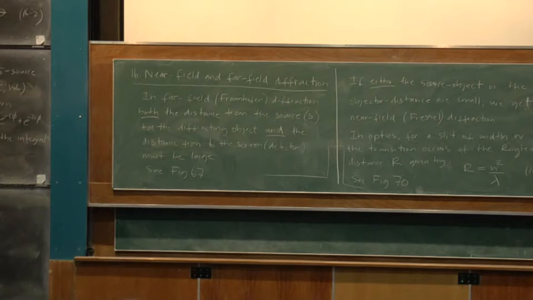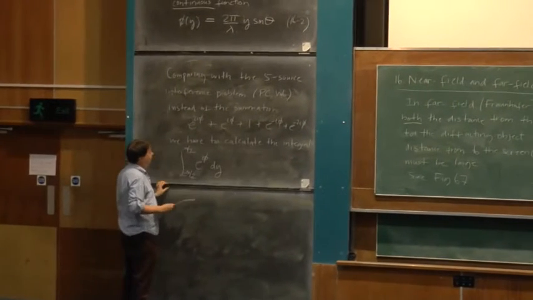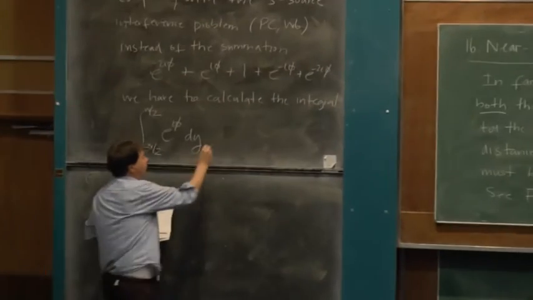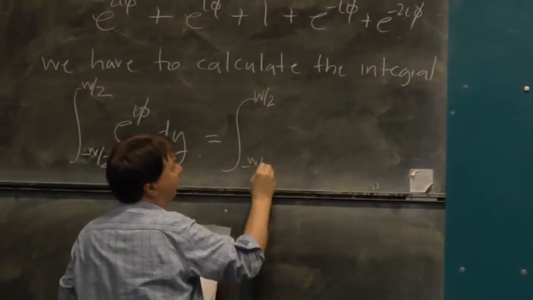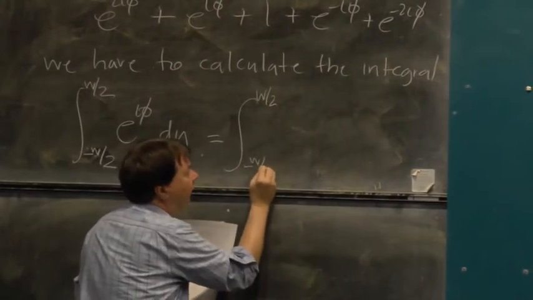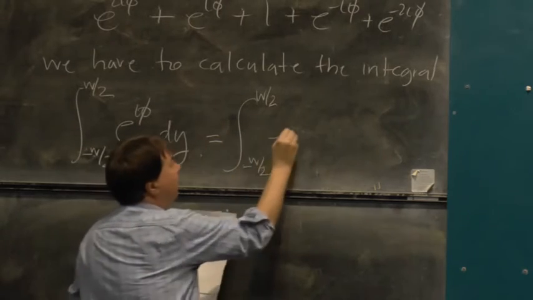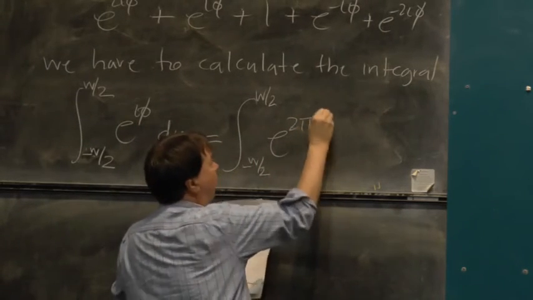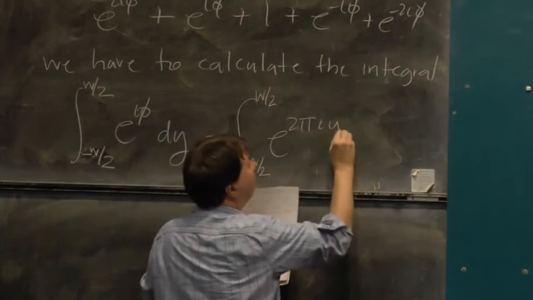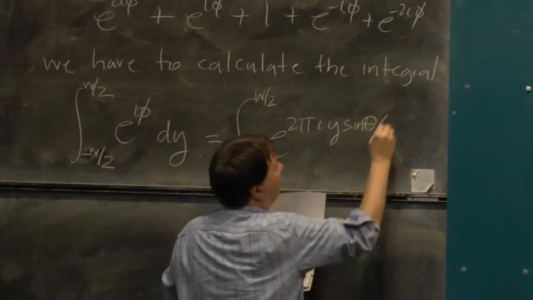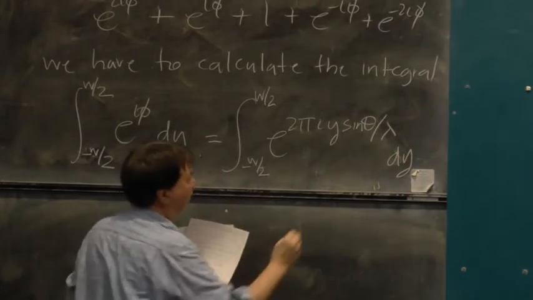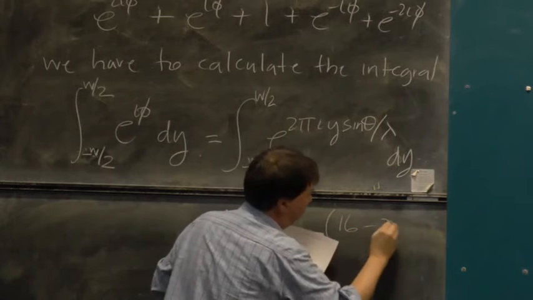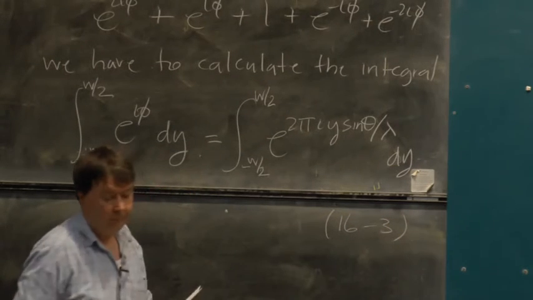And then we substitute in our phase factor: we have to evaluate the integral from minus w halves to plus w halves, sorry, that's a half there, of e to the 2 pi i y sine theta over lambda, all integrated with respect to y. It's a major equation. Let's make that 16.3.